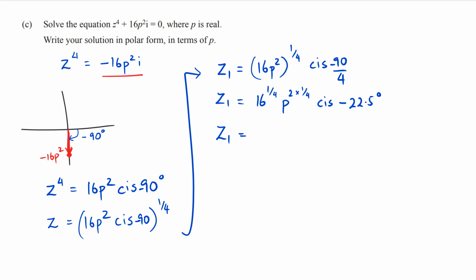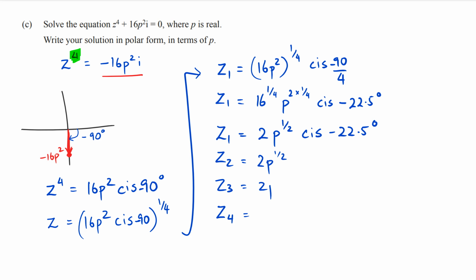So Z1 is equal to 2 p to the power of half cis negative 22.5 degrees. Now this is where I talked to in the videos that I've shown before. If you have 4 roots, you are going to get 4 solutions, because that power there is 4, and the difference between these roots is 90 degrees.